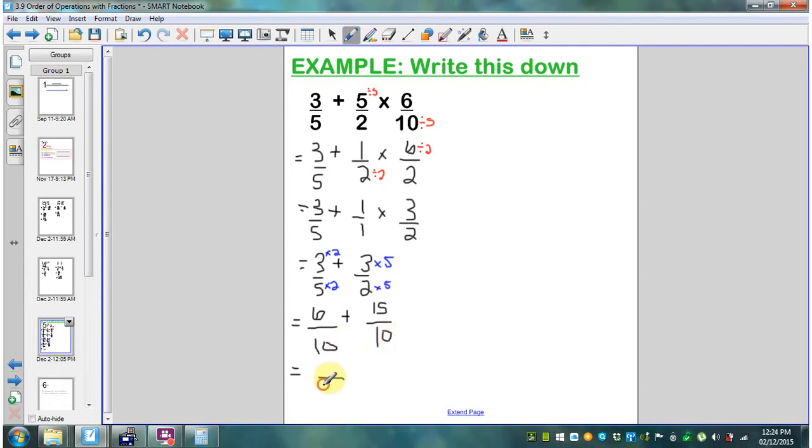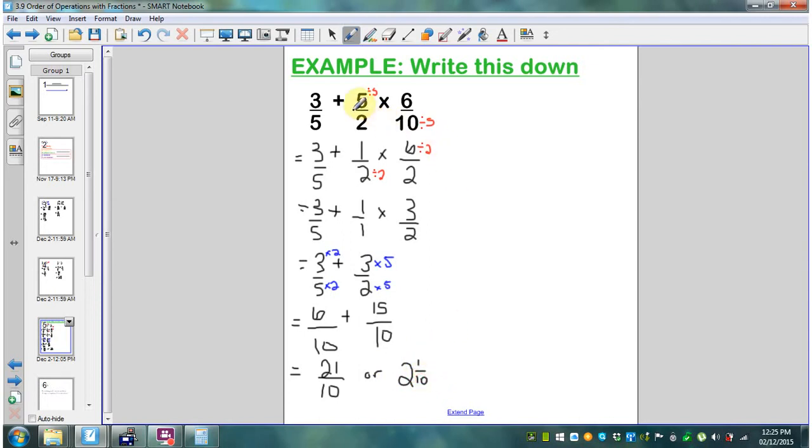So we keep our 10, and then we have 6 plus 15 is 21. Our answer is 21 over 10, or, and we can simplify this, 10 goes into 21 2 times, with 1 left over, and our denominator here is 10.